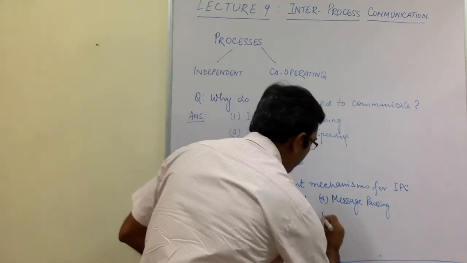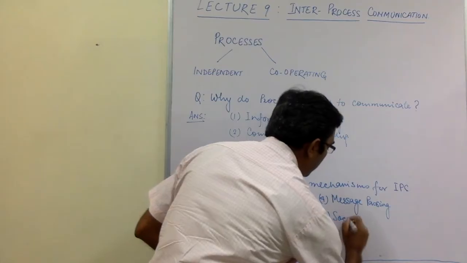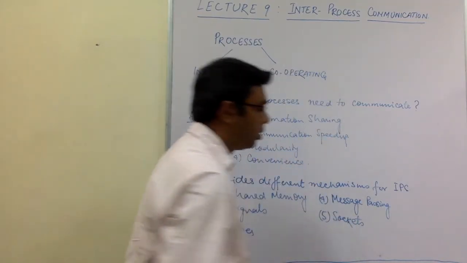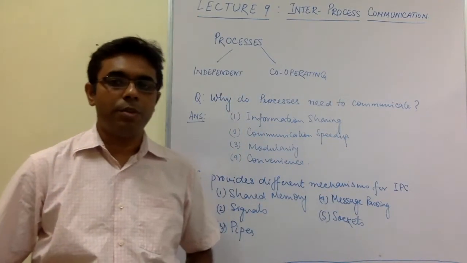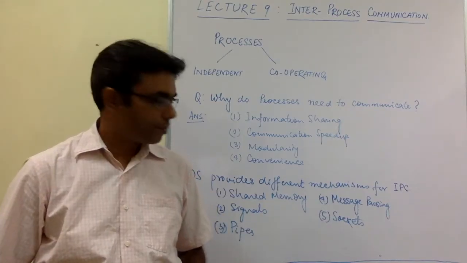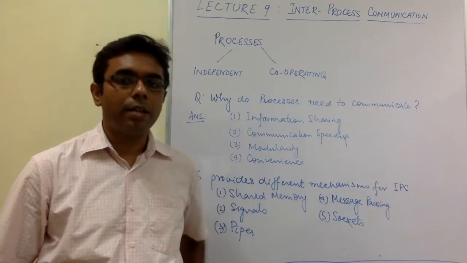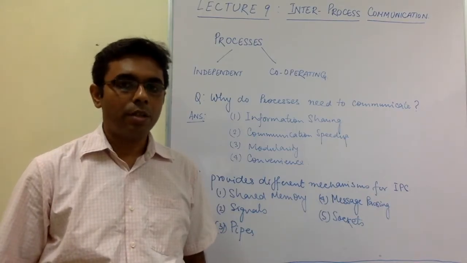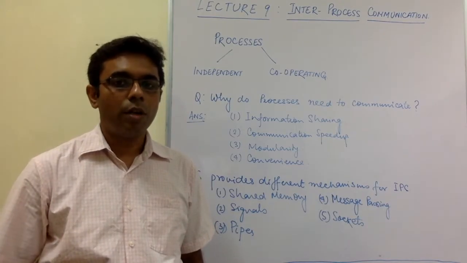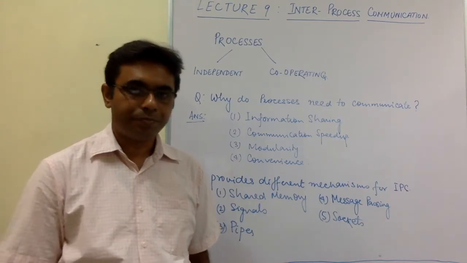And in relation to that, we will be talking about an inter-process communication mechanism called sockets. So these are the 5 different IPC techniques that the OS provides to processes for inter-process communication.